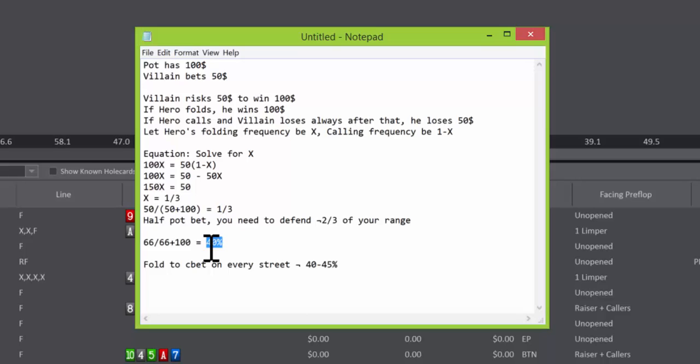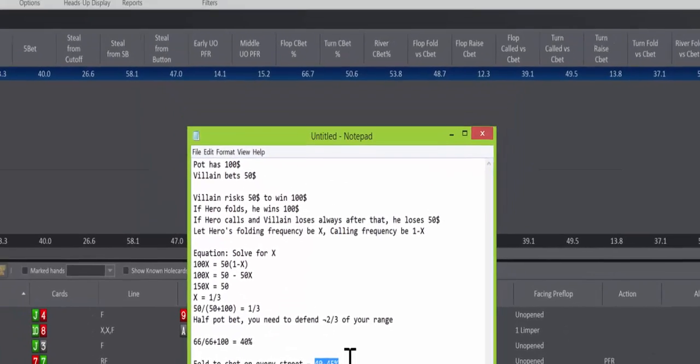If we are folding too much, then he can just keep bluffing. He can c-bet with a very high frequency. So this 40 to 45% is the so-called magic number. But just to reiterate, I think it's okay to fold a bit more than this on the river and on the flop, and fold a bit less on the turn. That's just how it works.